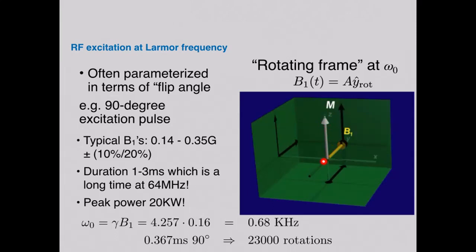So this is a magnetic field that's stationary in the rotating frame, and you have a magnetization here. The magnetization will want to align with this B1 field, but it also has a magnetic moment. So what it will do is start precessing around this B1 field. That's why if I apply a B1 field here, then the magnetization will precess this way.